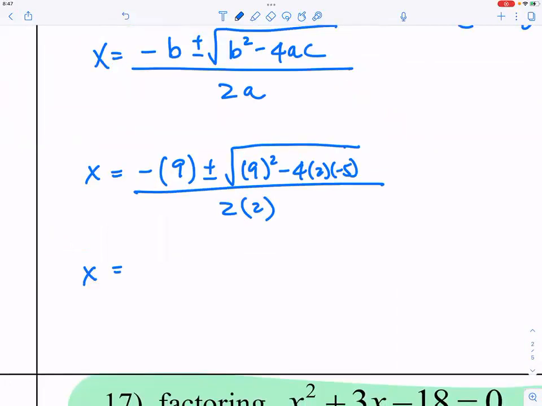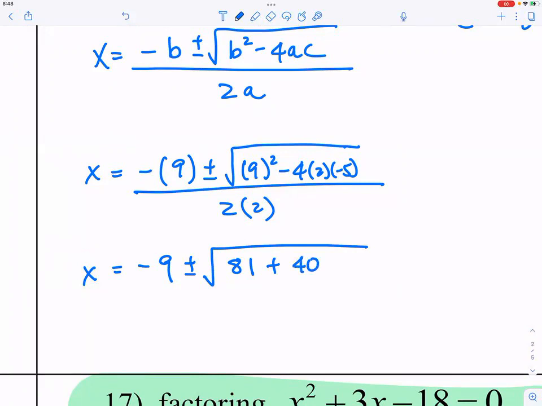Negative 9 plus or minus 9 squared, it's 81. And then you have 4 times 2, which is 8. 8 times 5, it's 40.